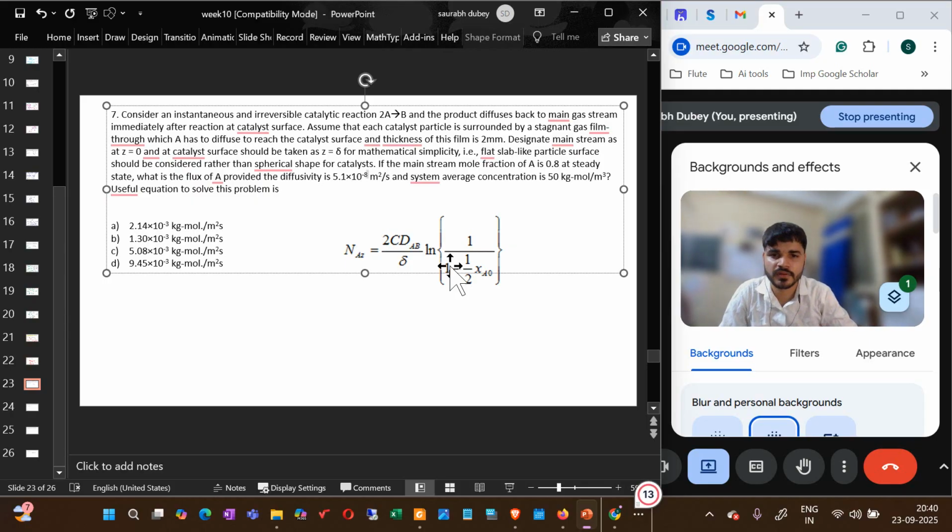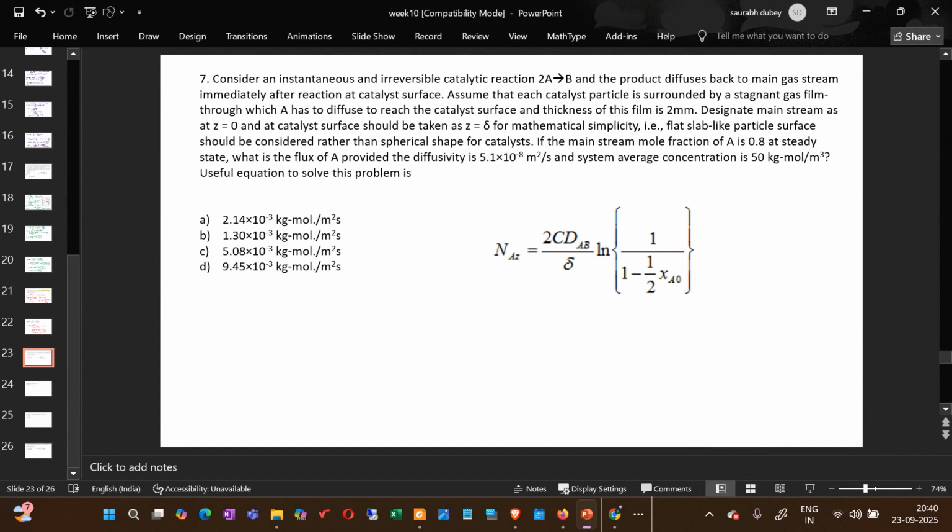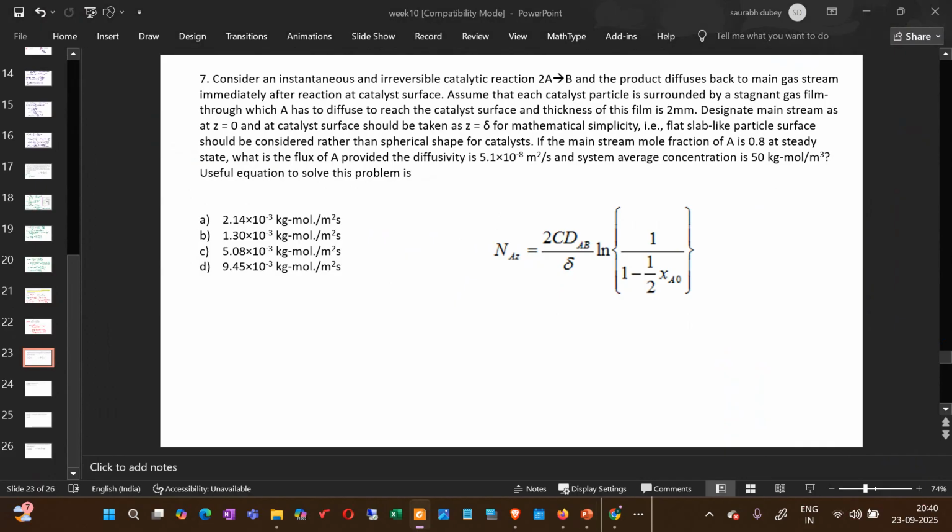And the system average concentration is 50 kg mole per liter. A useful equation is given by this. Now you have to calculate the flux. So let's solve this question. Again, a very simple expression is given over here, but how these expressions are derived is the main thing that you have to actually look at, right?